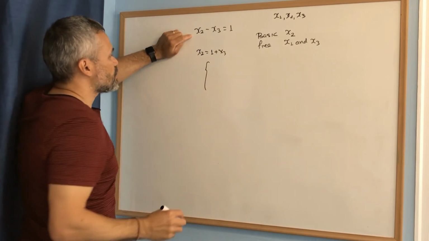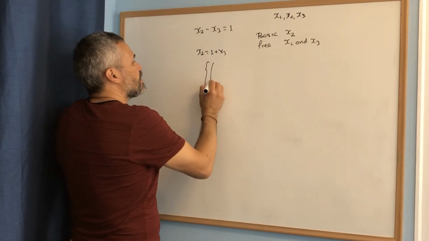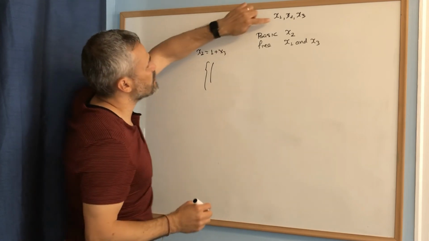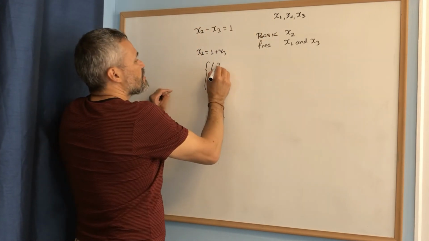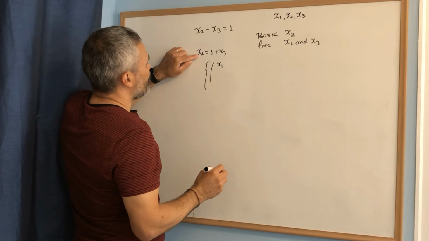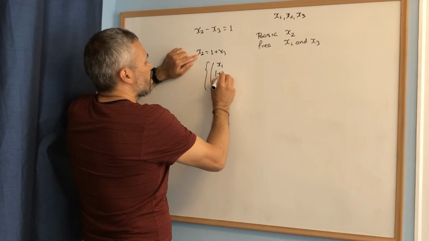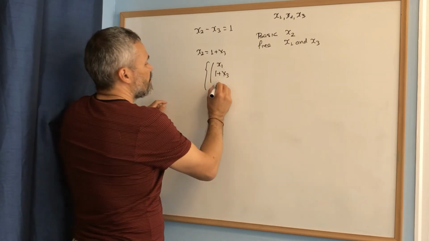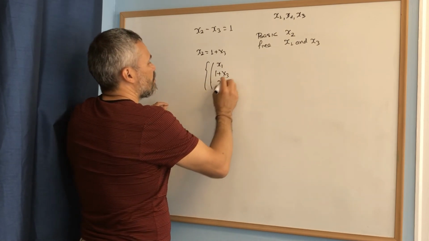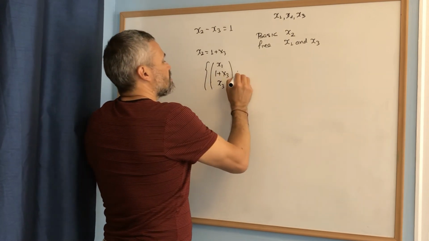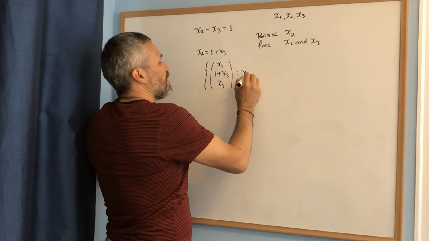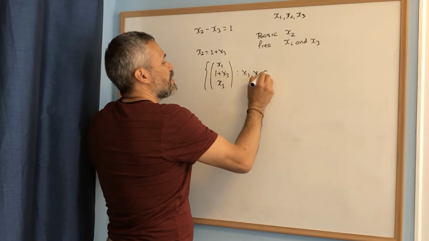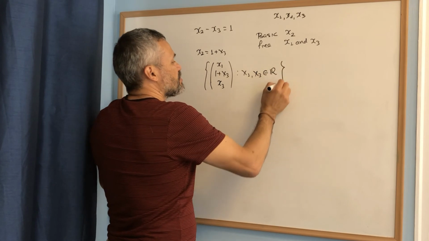And then for the solution set, since x1 is free, we just write x1. Instead of x2, we write 1 plus x3. And instead of x3, since x3 is free, we write x3, such that x1 and x3 are real numbers.